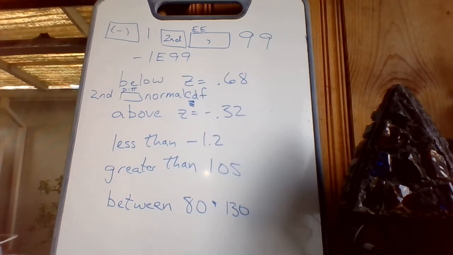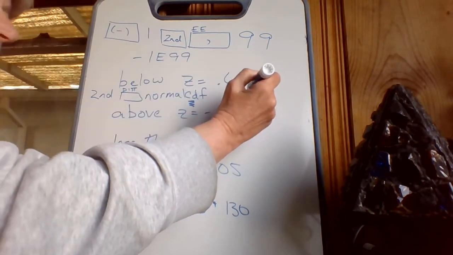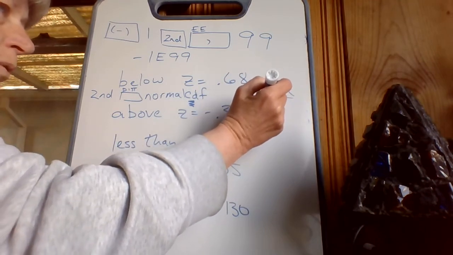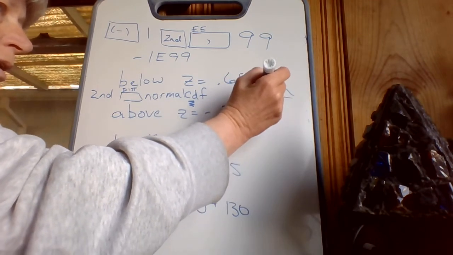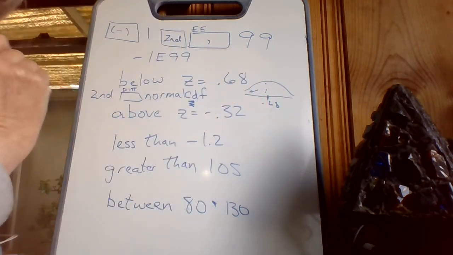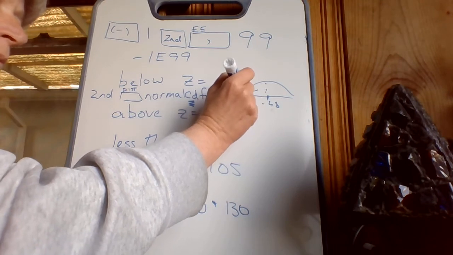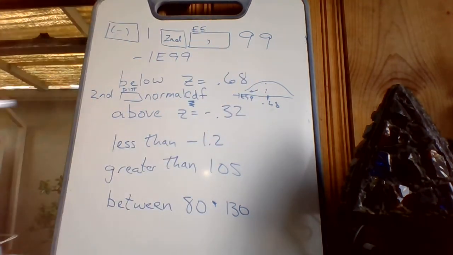So this one says area, below Z equals 0.68. Well, if there was a bell curve here and 0.68 was there, below 0.68 is that stuff over there, which means that my negative 1E99 is going to be part of it. Anytime you see the word below, you're going to end up using your negative 1E99.